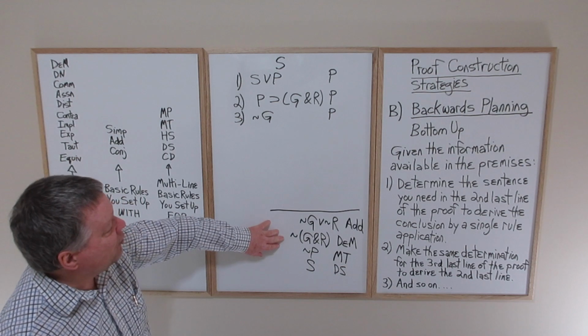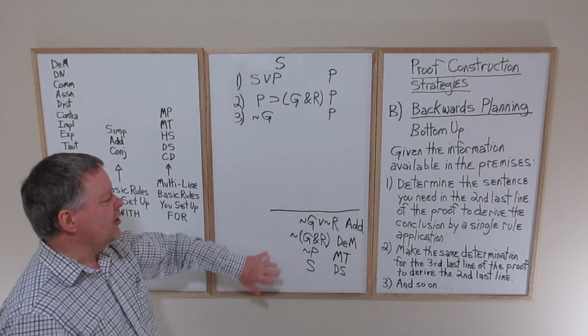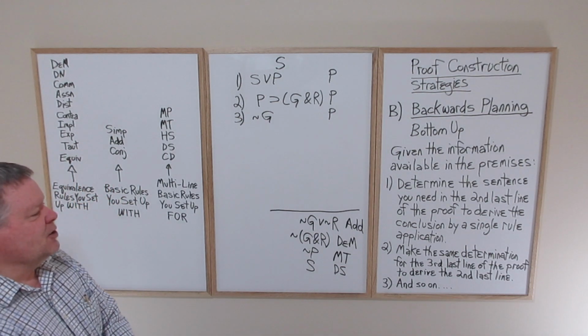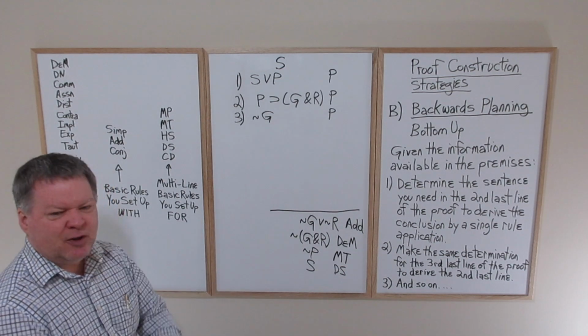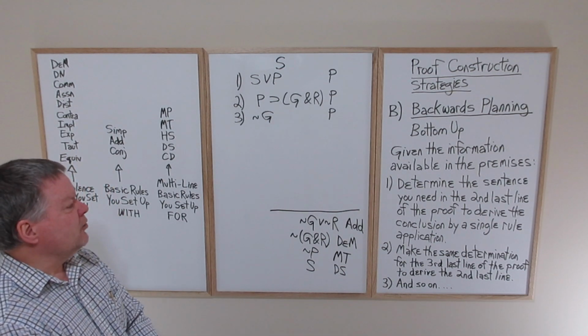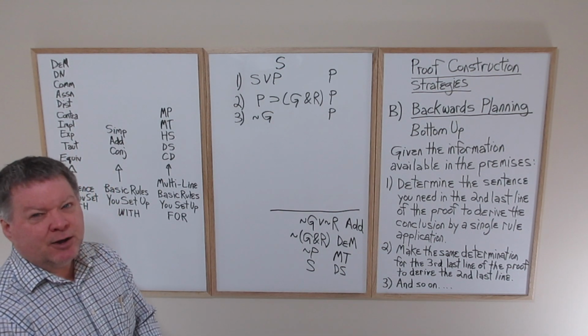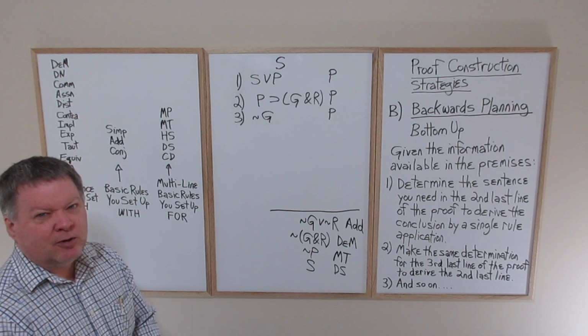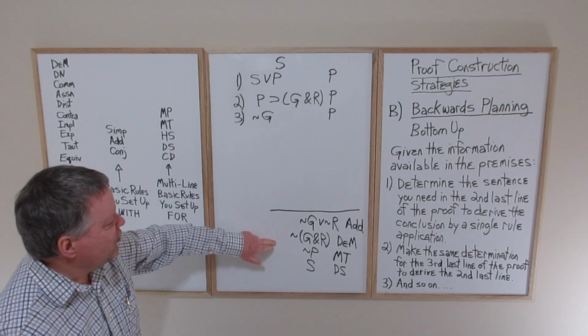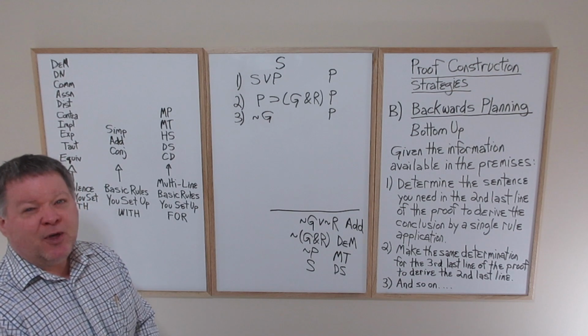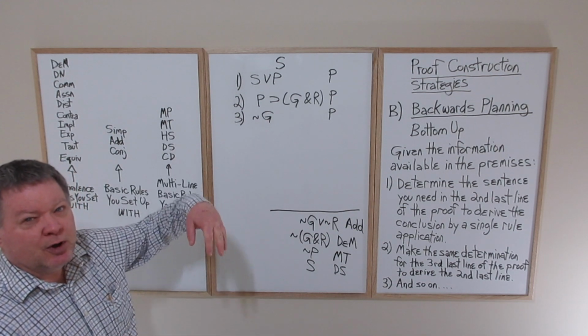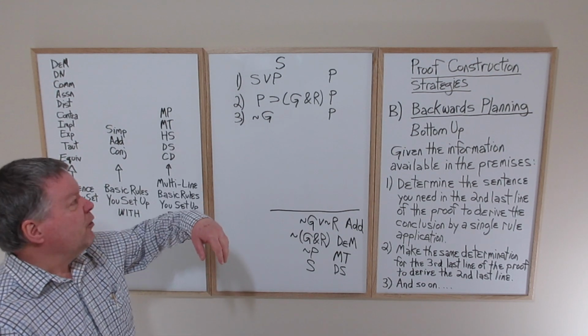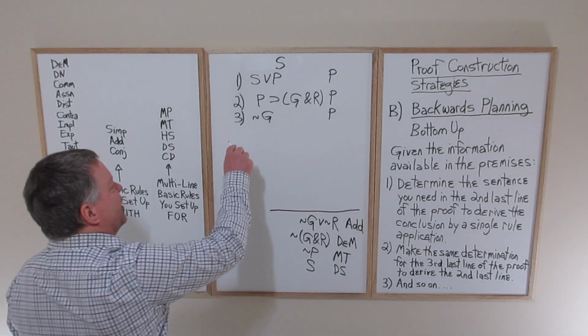So we're working our way backwards. This is the bottom-up strategy. And as this simple example illustrates, the bottom-up strategy is often very useful in indicating sequences of steps that may not occur to you when you're looking at the proof from a top-down perspective.